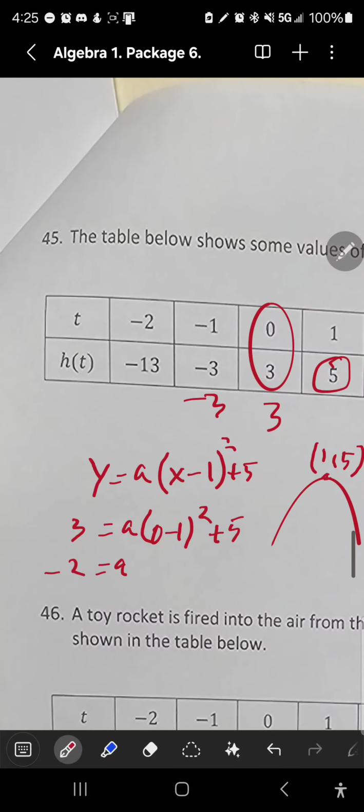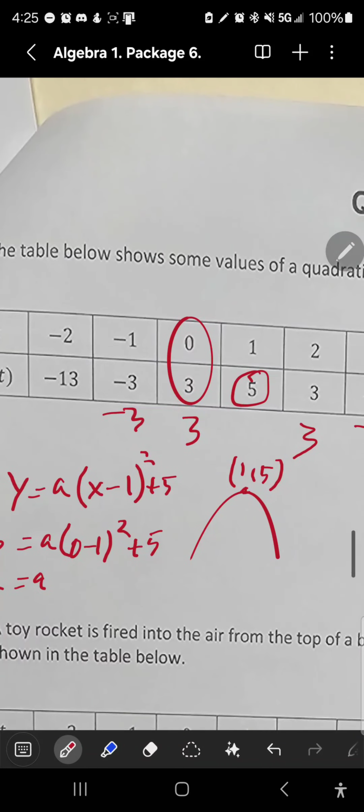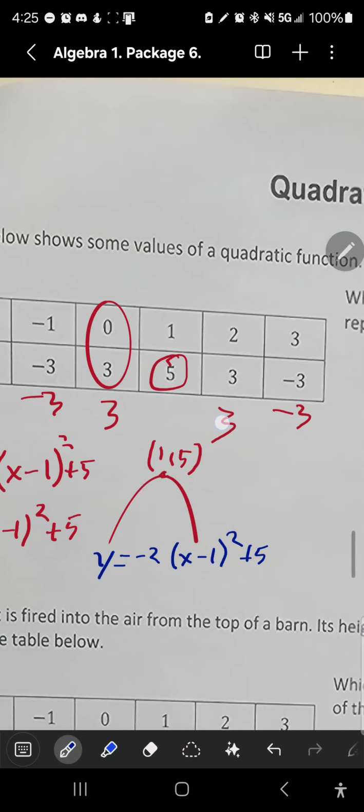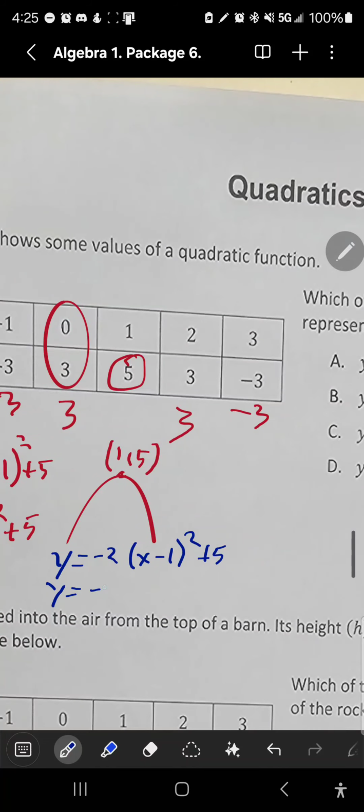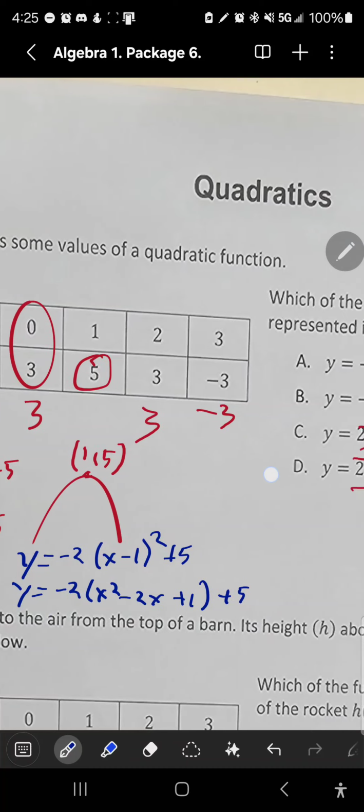And now I'm going to use my equation, so y equals negative 2 times (x minus 1) squared plus 5. So it will be negative 2 times (x squared minus 2x plus 1) plus 5.